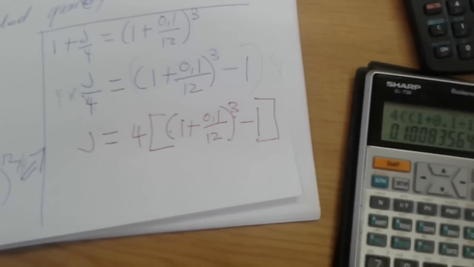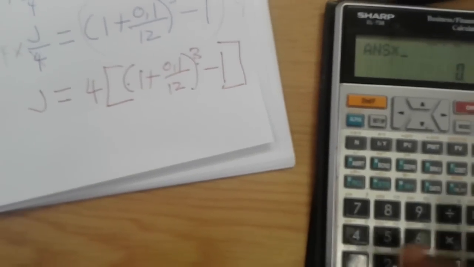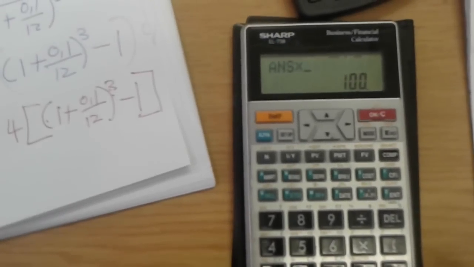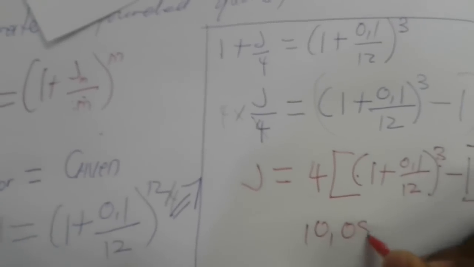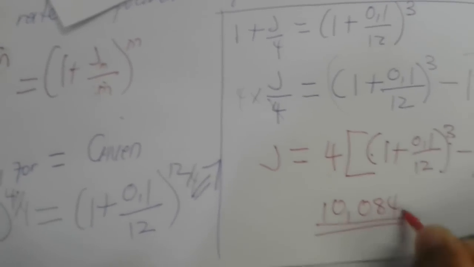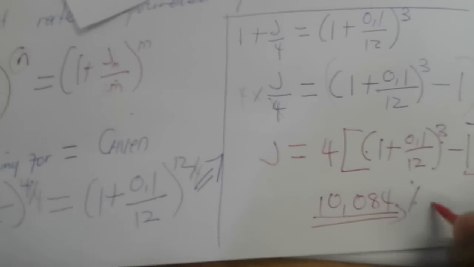So as it is, you get your answer as 0.1, but multiplied by 100, that gives you 10.084%, of course per annum, but remember, compounded quarterly.